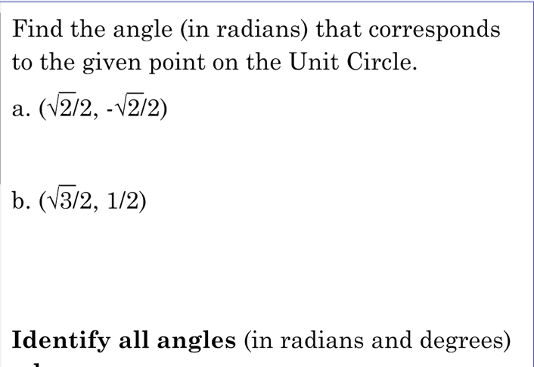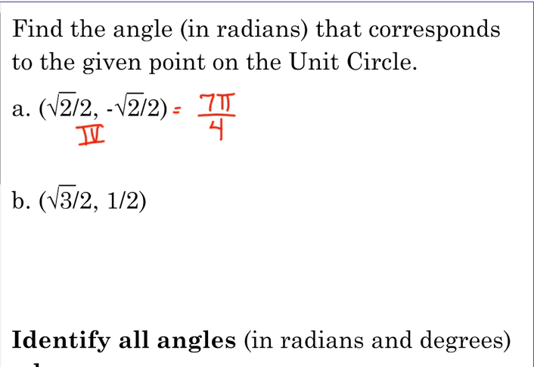Positive x, negative y, that's the fourth quadrant. So go to the fourth quadrant on your unit circle, and which angle has that coordinate? Seven pi over 4 has that coordinate. I want it in radians. In degrees that would be 315 degrees, but we want it in radians.